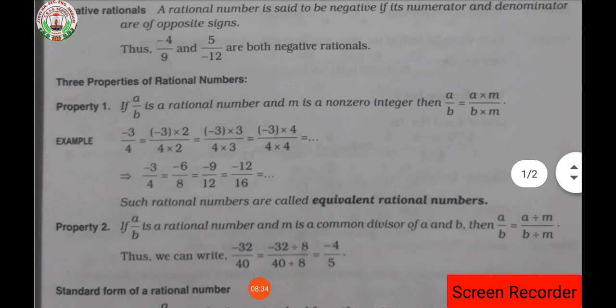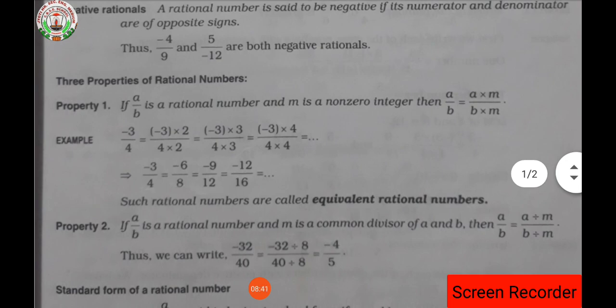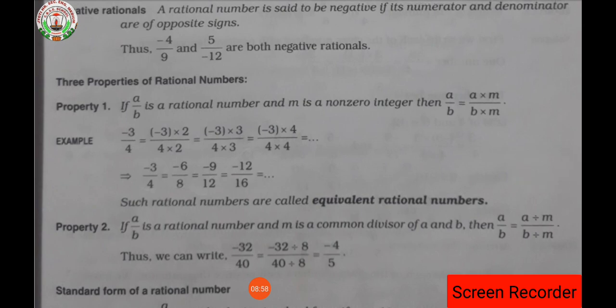Now let's see what the property here says. Here, if a upon b is a rational number and m is a non-zero integer. Okay, what it says is that a upon b is a rational number, and m is a non-zero integer, that means any number comes from outside and is multiplied with a upon b.